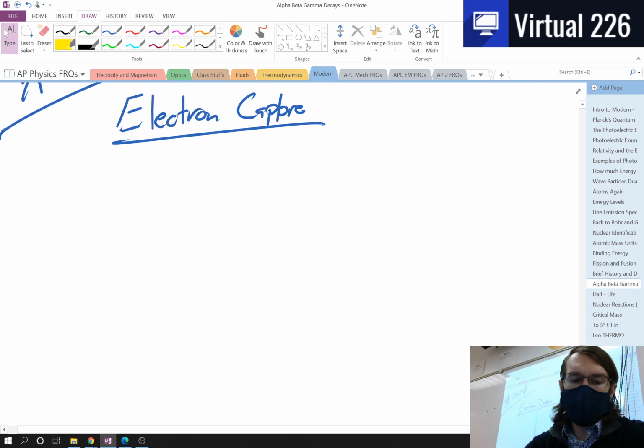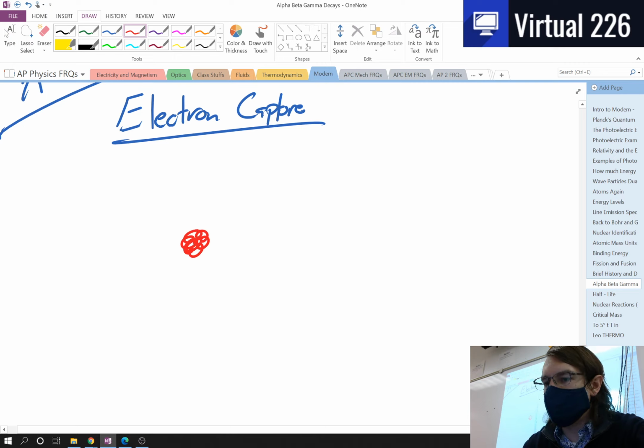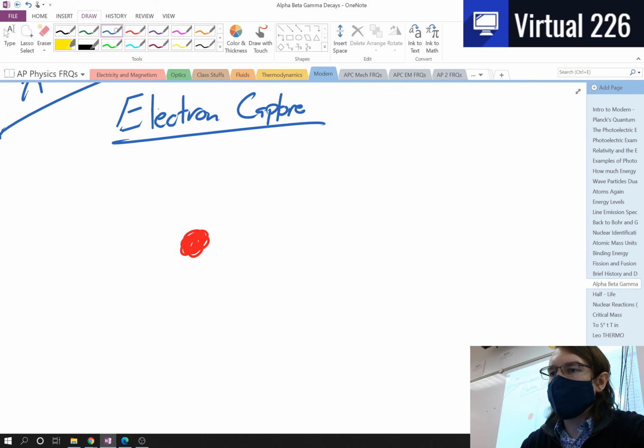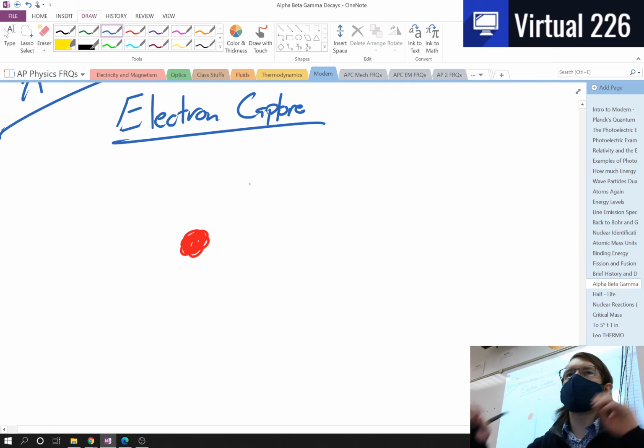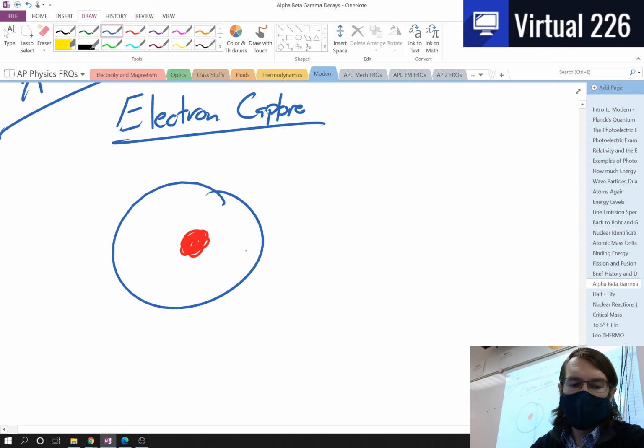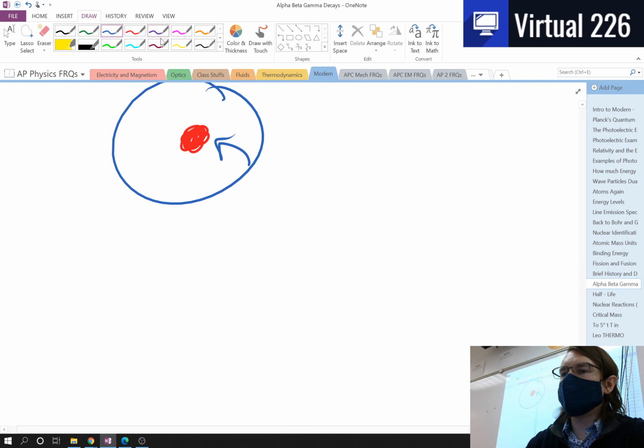What's going on here is that if this is some nucleus, this nucleus is getting big enough, or getting hungry enough, that some electron that's orbiting, or rather just in the electron cloud, is going to get bloop, eaten up. And when it gets eaten up, what we effectively have is this.